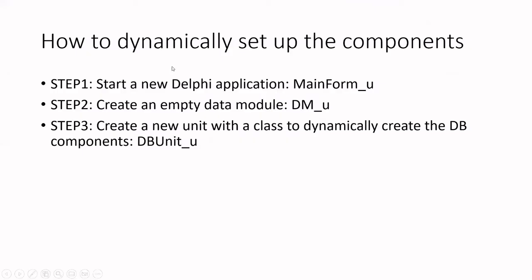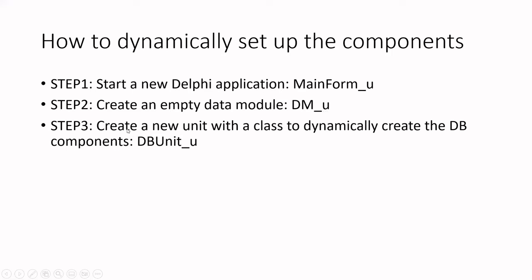To achieve this, the first step, we are going to start a new Delphi application. I will call this my main form. This particular unit will be my main form_u. Step 2, we are going to create an empty data module, and that will be my dm_u.